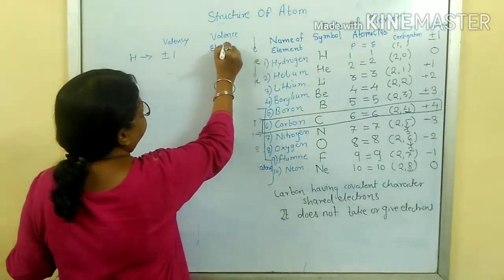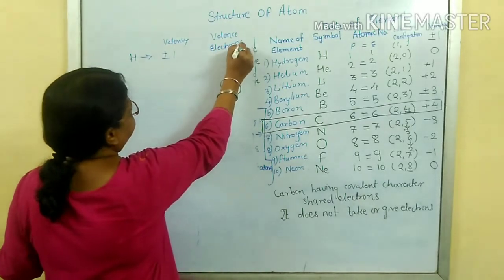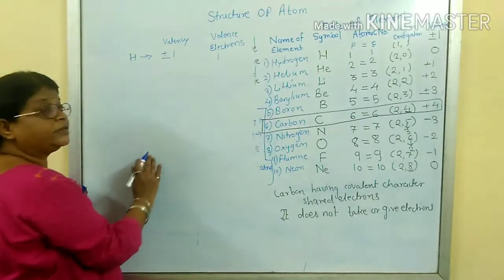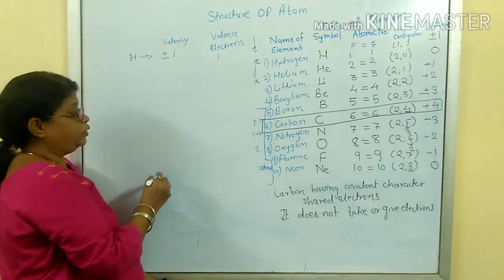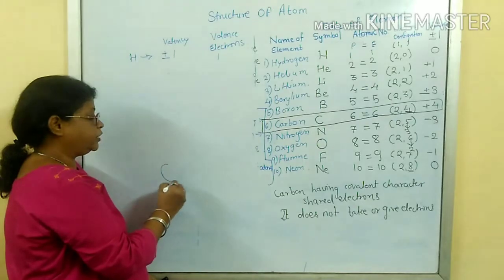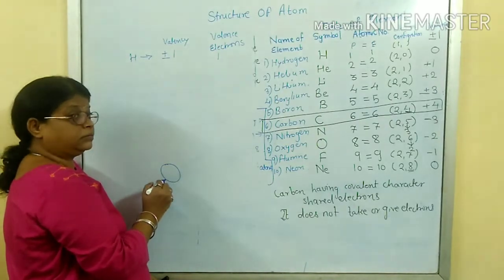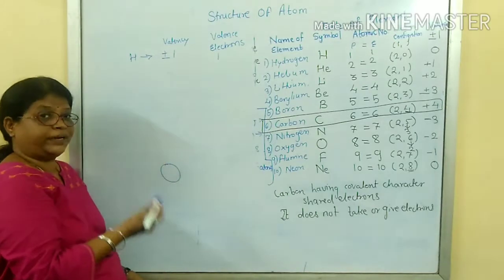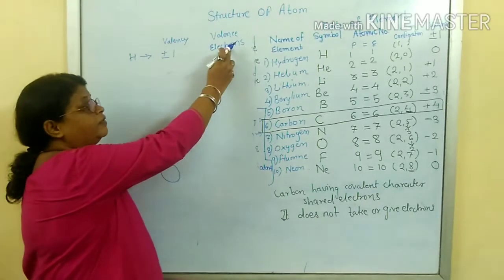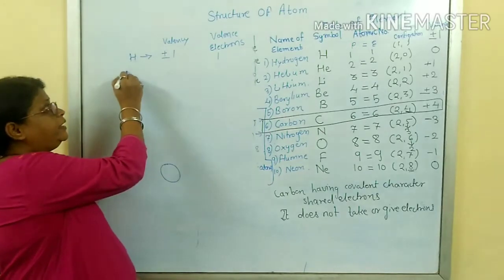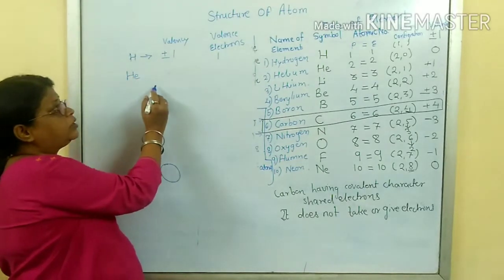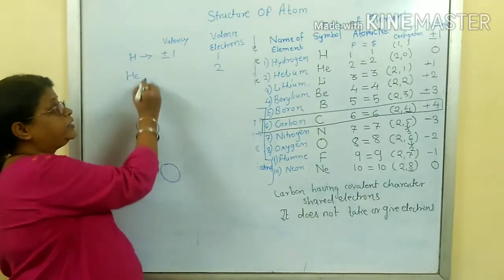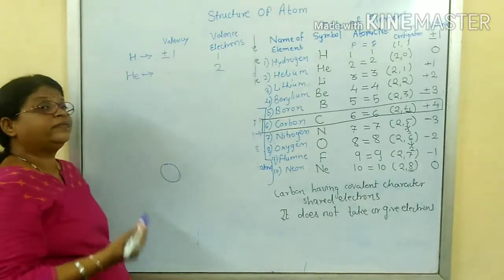Electrons. So here only one electron is present, that is called a valence electron. It means the electrons present in the outermost shell of an atom are called its valence electrons. So in helium, how many electrons are present in the valence shell? There are 2. And what is the valency?